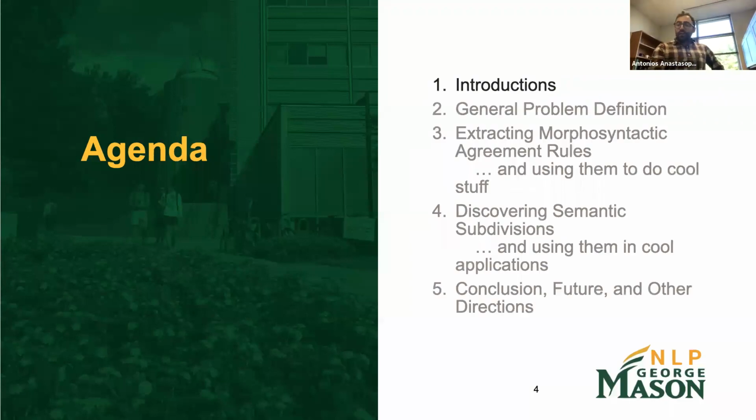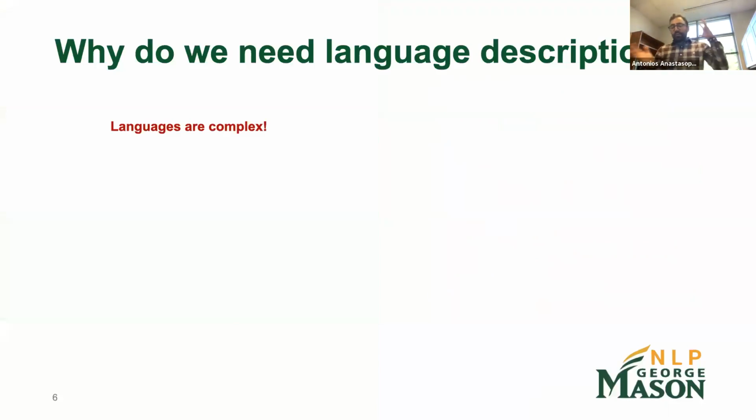So let's go straight to the general problem definition. So let's start with, why do we even need language descriptions, and why do linguists spend so much time creating them, right? The answer is very simple. Languages are complex, and understanding them gives us a lot of understanding into how humans encode knowledge, potentially into our brains and stuff like that.